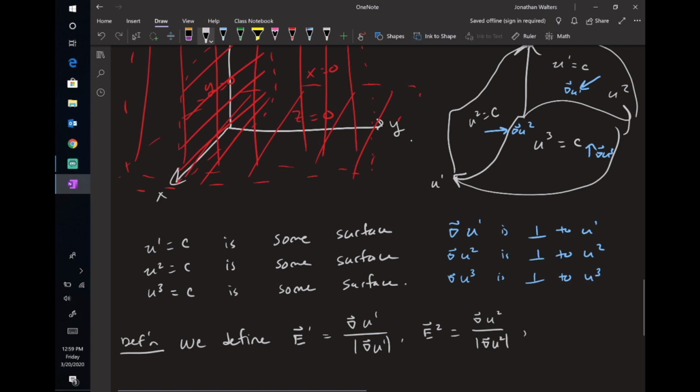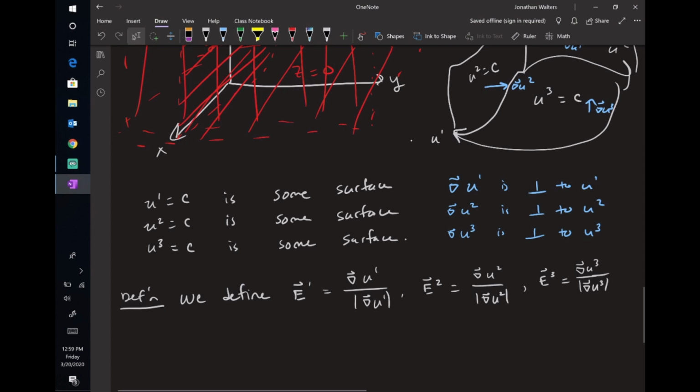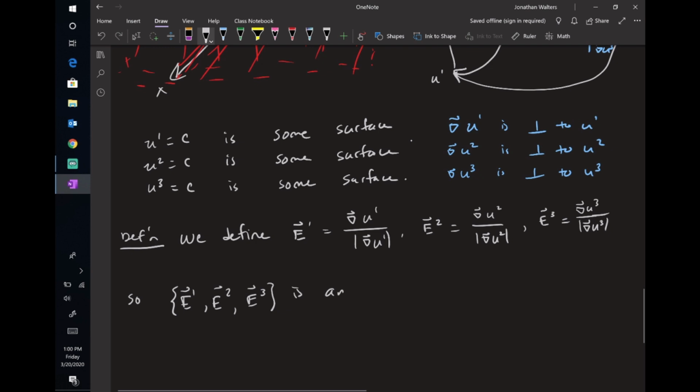And capital E3 is gradient of u3 over magnitude of gradient of u3. So this is a different set of basis vectors. The set E1, E2, E3 is another basis for the space, though it could be the same.